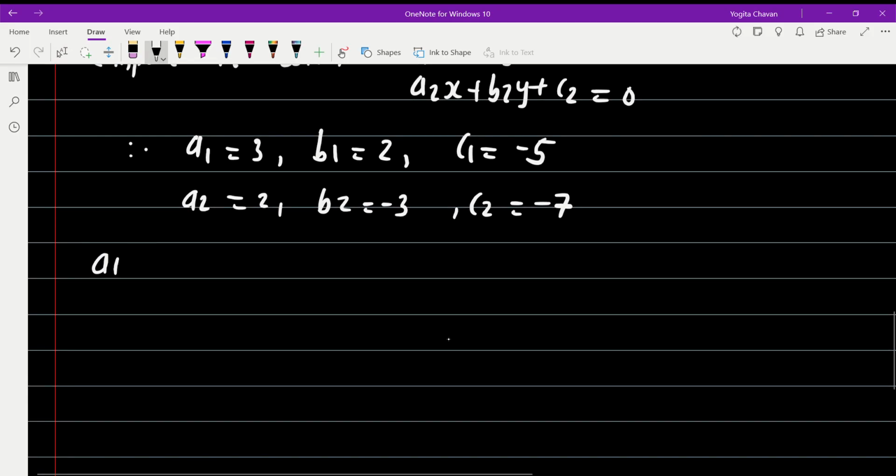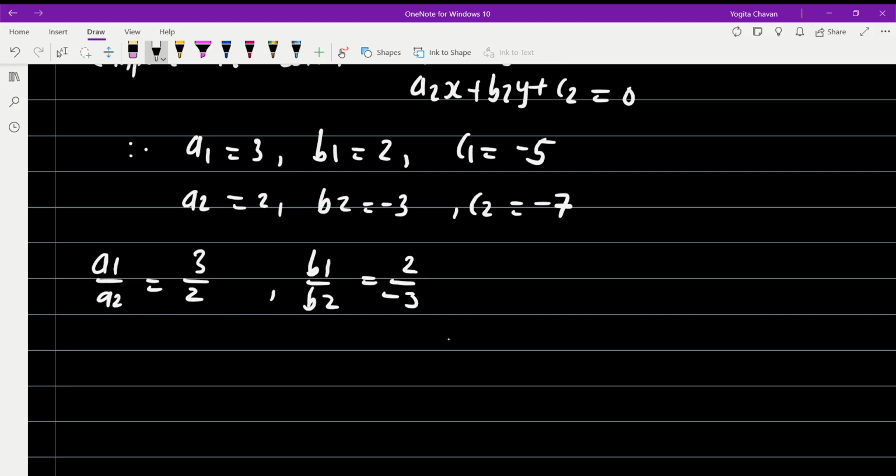So a1 upon a2 is equal to 3 by 2. b1 upon b2 is equal to 2 upon minus 3, means it is minus 2 by 3. And c1 upon c2 is minus 5 upon minus 7, so is equal to 5 by 7.